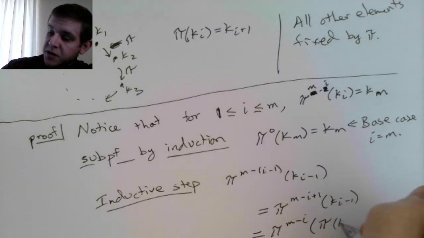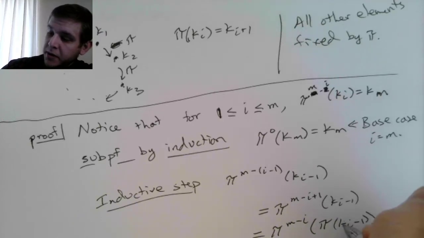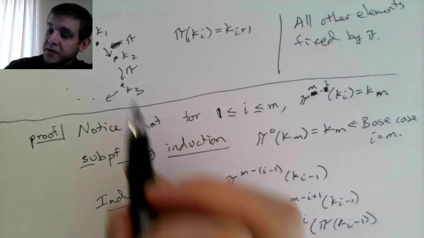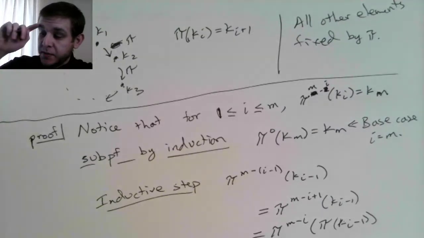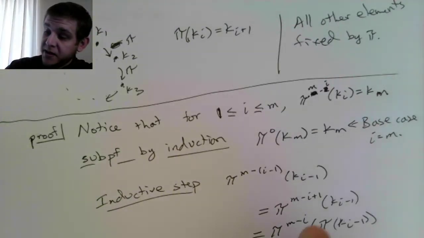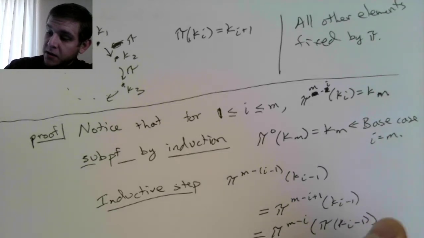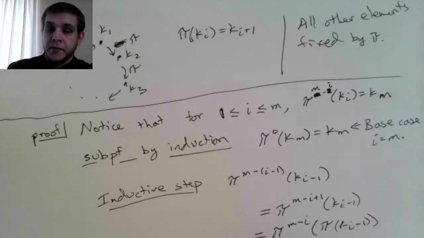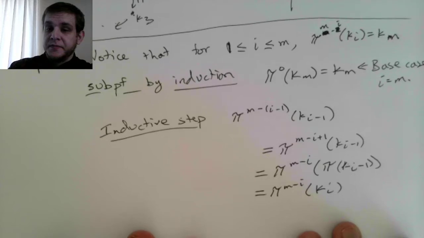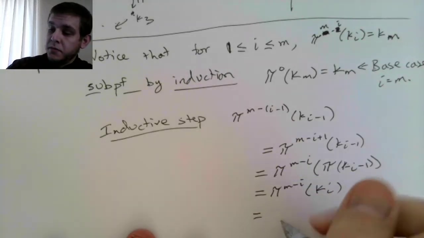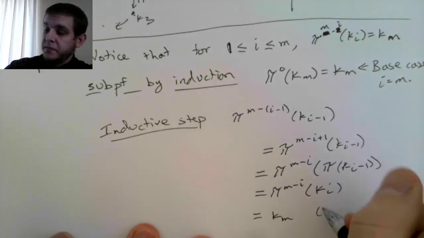So this is one of the exponent rules we proved. And then by definition of a cycle, pi of k sub i is k sub i plus 1. So when I apply pi to this, I get pi to the m minus i of k sub i. And by induction, this is k sub m.